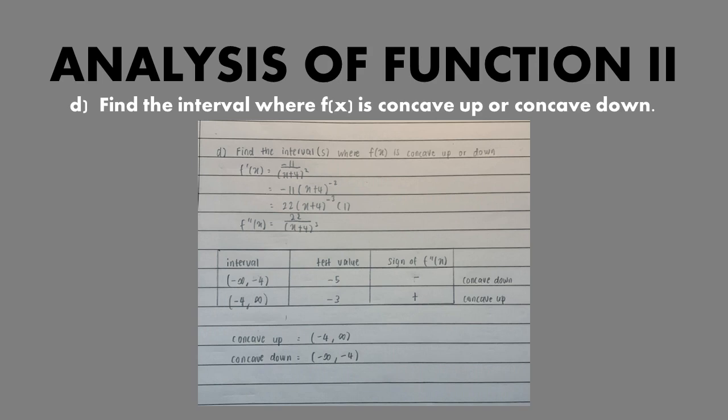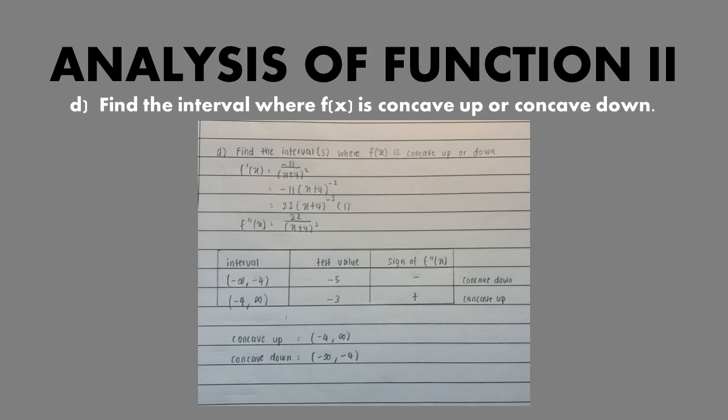Here we can see that −5 produces a negative sign and the test value −3 produces a positive sign. The positive one is concave up and the negative is concave down.